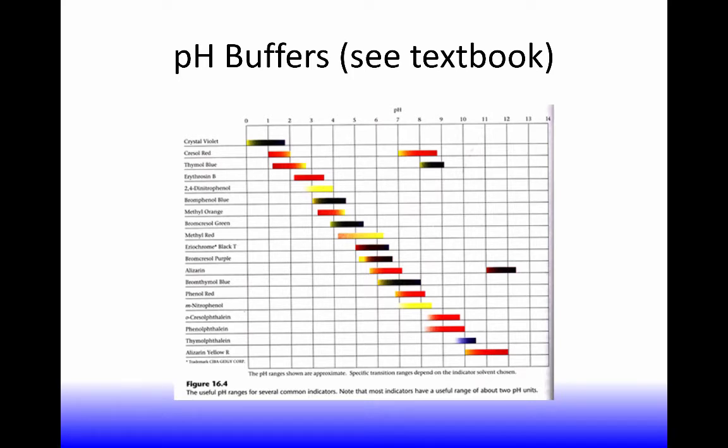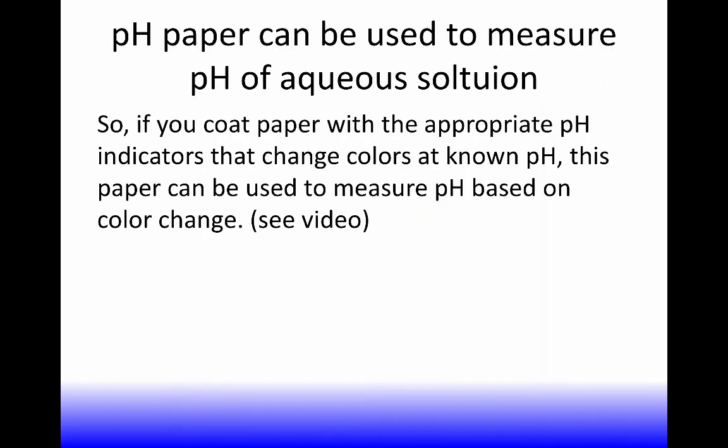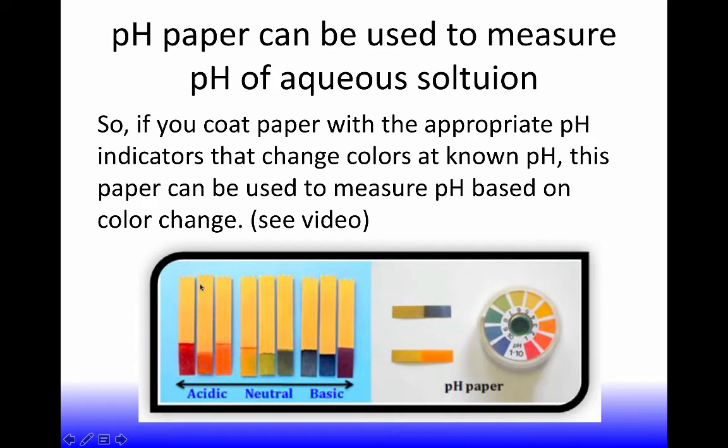Now, if you pick just the right combination of these different colored compounds and apply them to a piece of paper, you can actually use that paper to measure the pH of the solution, because we know what color the different indicators are at different pHs. So here's an example. For instance, a very strong acid might actually be pH 1.